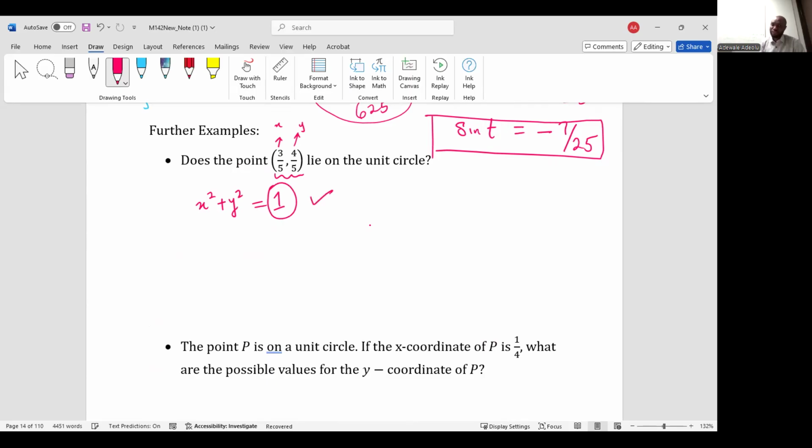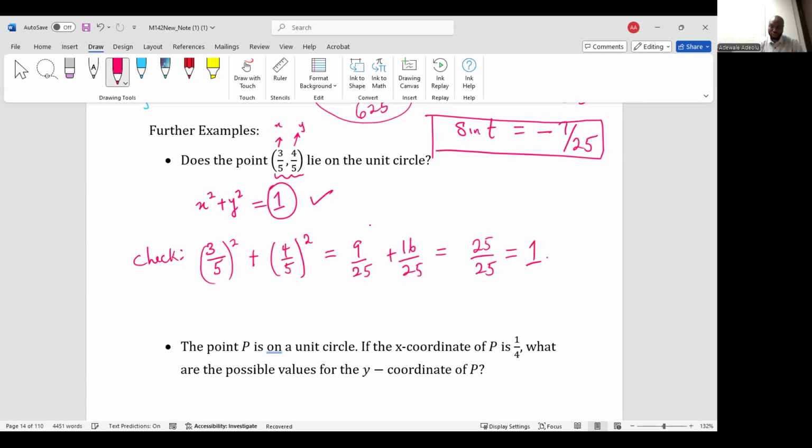Our x is 3/5. Let us square that, plus our y is 4/5. Let us square that. What do we have? We have 9/25 plus 16/25. If you solve that, that is 25/25, which is 1. Oh, it is true.